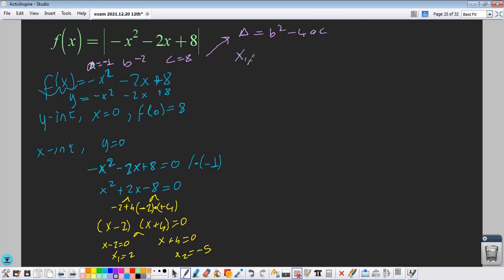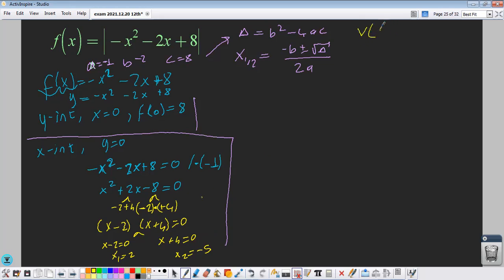You will not need to multiply by minus 1 and guess the 2 times 4. So for people who cannot manage to factorize, this way can be used. Then minus b plus or minus the square root of the discriminant over 2a. You will find the same x1 and x2. So this is the second thing to check, and the third thing is vertex.